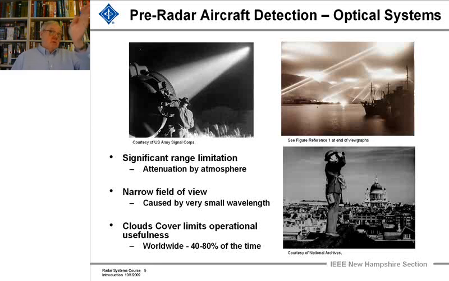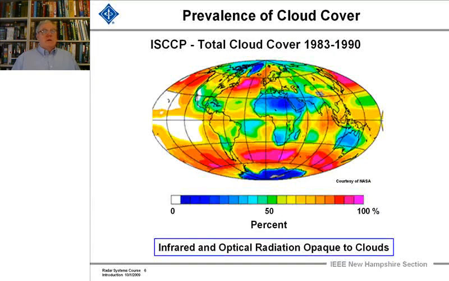If you look up at a certain point in the sky, there's clouds in the way of where you want to see. To give you a worldwide view of that, this is a NASA photo of a study that was done over a period of many years in the 1980s, looking at total cloud cover in the world.